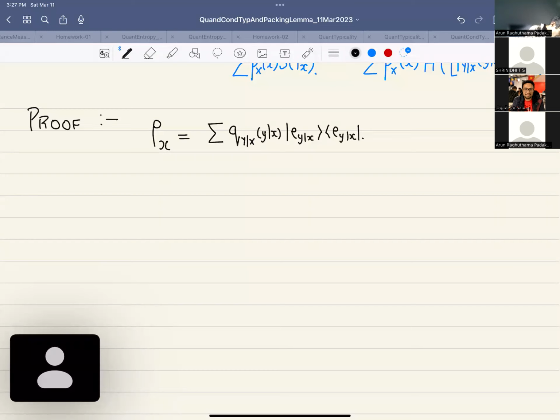It's trivial really. You have the sequence x1 through xn. The quantum state is the following. Rho x^n is by definition rho x1 tensor rho x2 all the way tensor until rho xn. If I look at this, it is the following.